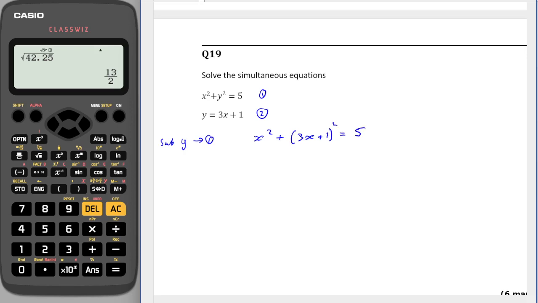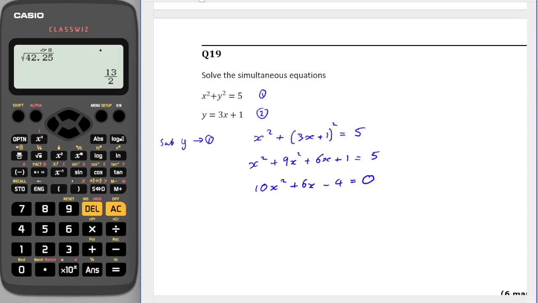I missed my squared off there. So that's going to give me x squared plus 9x squared plus 6x plus 1 is equal to 5. So we're looking at 10x squared plus 6x, and then I'm going to minus 5 from both sides, so minus 4 is equal to 0.